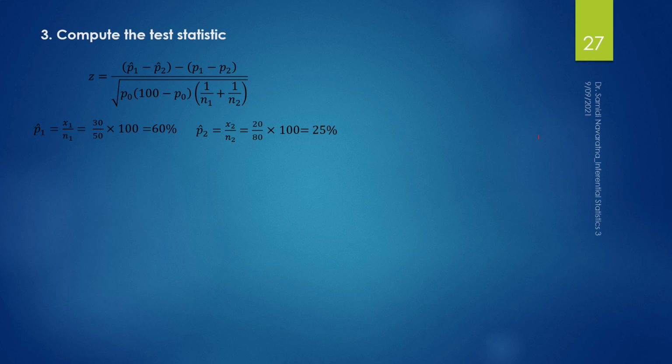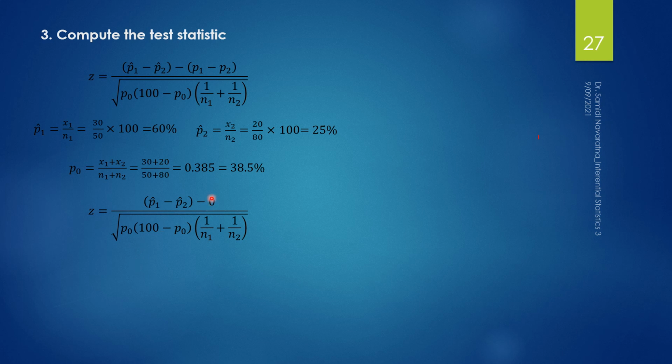Therefore, let's pool the proportions and come up with one sample estimate for the population parameter. That is 38.5%. Now, all we have to do is apply these test statistics, the estimates we came up with, to this equation.